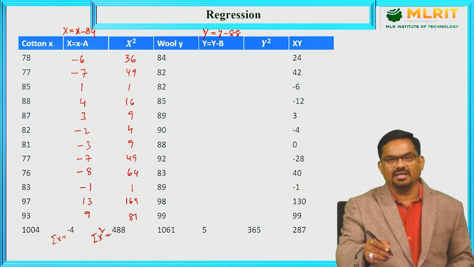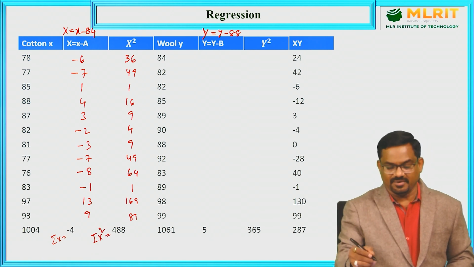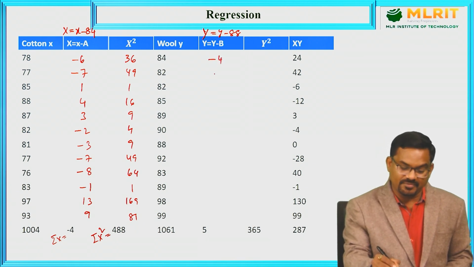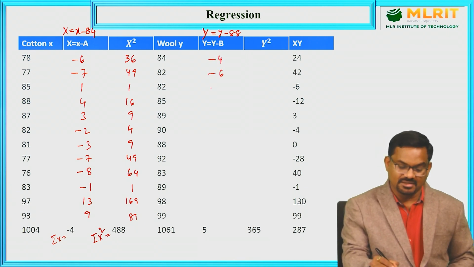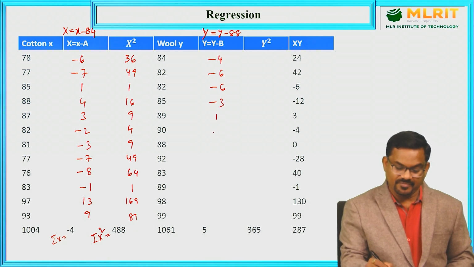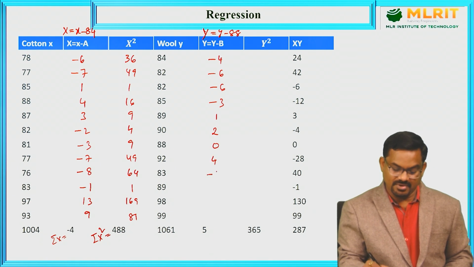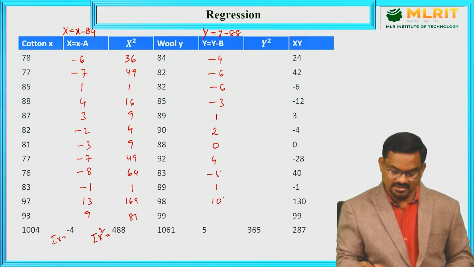Similarly, we need to calculate capital Y, then capital Y square. Capital Y, y minus 88. So, minus 4, minus 6, again minus 6, minus 3, 1, 2, 0, 4, minus 5, 1, 10, 11.